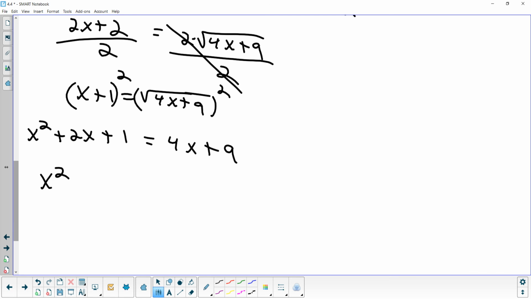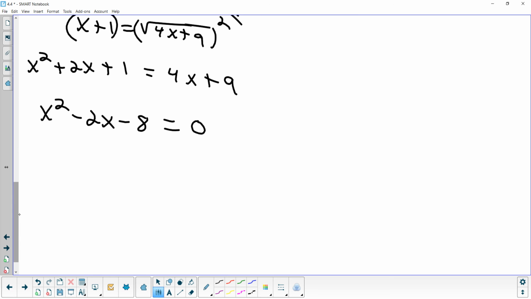So x squared minus the 4x over, so that gives me a minus 2x, and I'm going to minus the 9, which gives me that. Let's see if we can factor. What would my signs have to be? Plus, minus. Two numbers that multiply to give me 8 and subtract to give me 2.